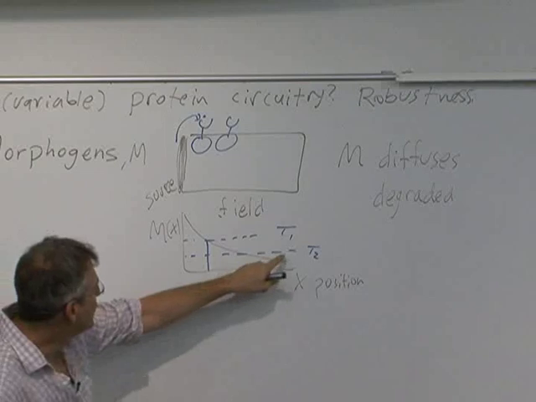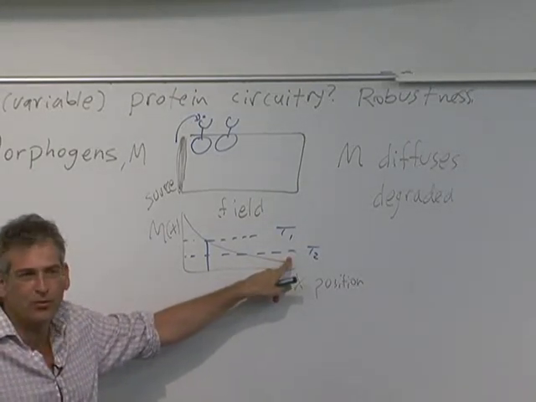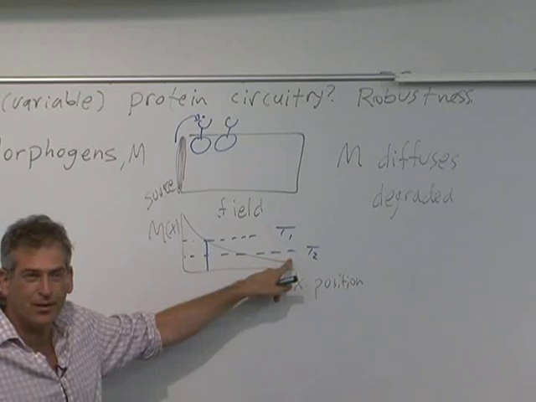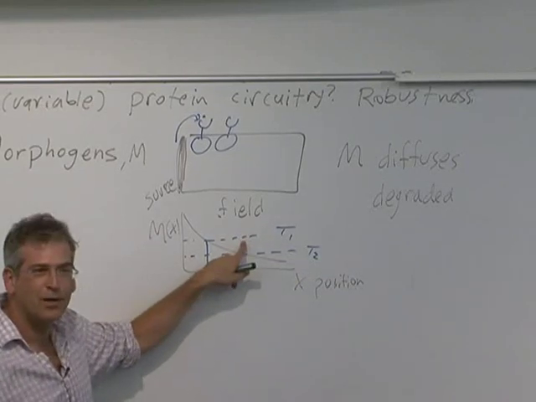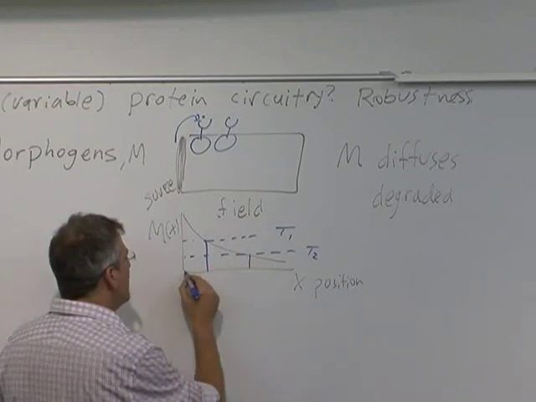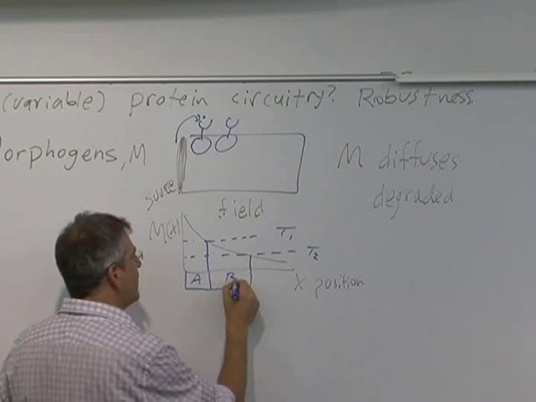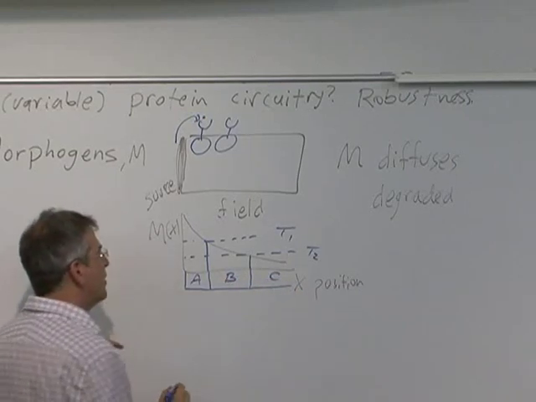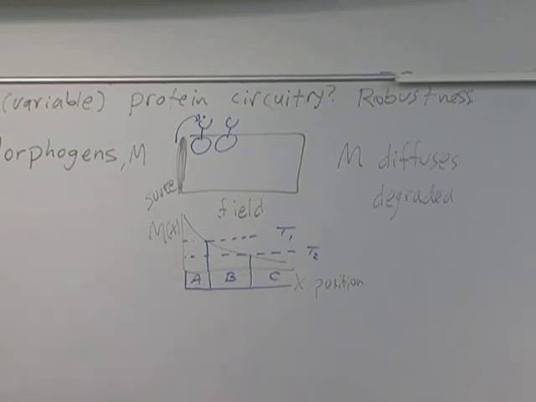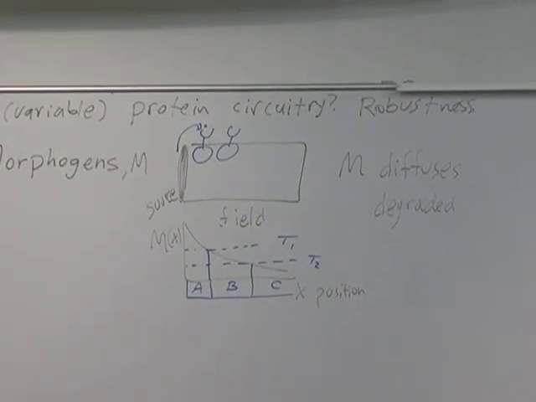And cells that are lower than T2 say, oh, I'm probably far away from the source, I'm going to become the tail. And cells in the middle say, I'm going to become the belly. So if you have two thresholds, you end up with three cell types. You patterned the field into three classes of cells, A, B, and C.